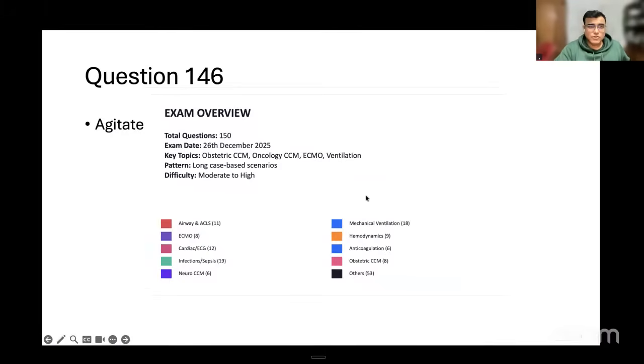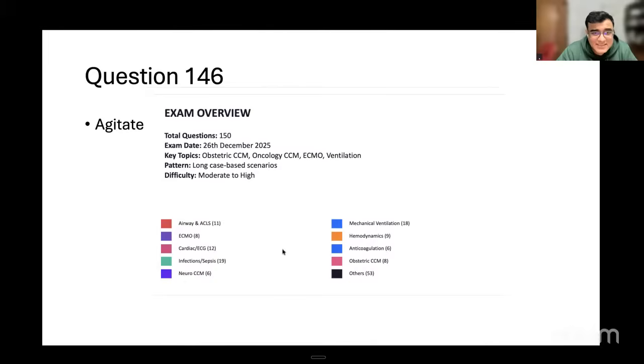There are 150 questions, and whatever questions we have, around 146, 147 questions. So approximately 11 were from ACLS and airway. Mechanical ventilation had around 18. ECMO had 8.